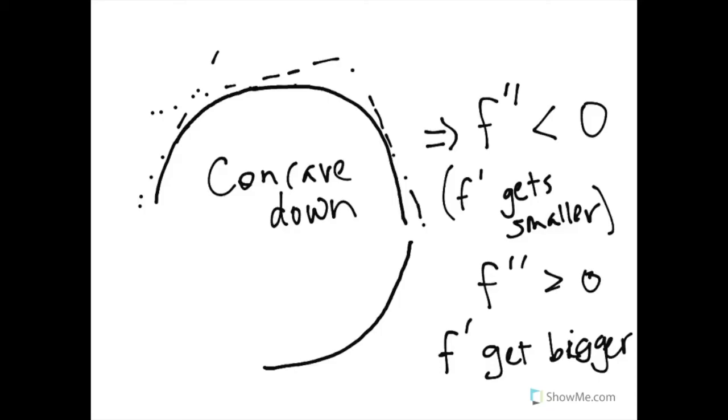But this is not the only situation where f prime is getting bigger and bigger. If you think about starting all the way from the left, what if at the beginning f prime wasn't equal to 0? What if f prime was really far negative, something kind of like this, where the tangent line at the very beginning has a pretty steep negative slope?